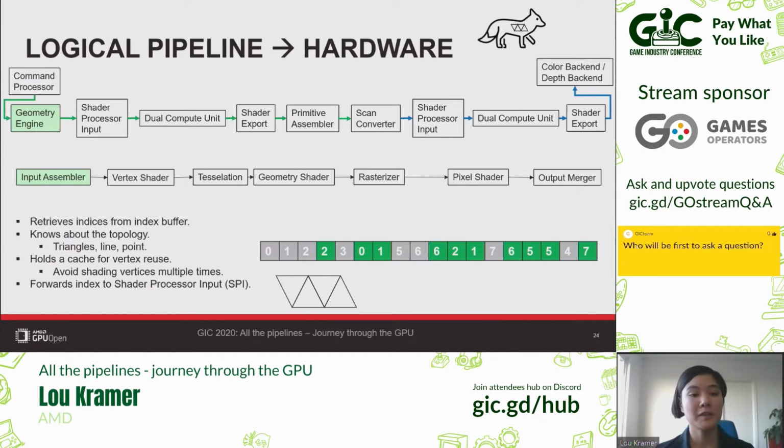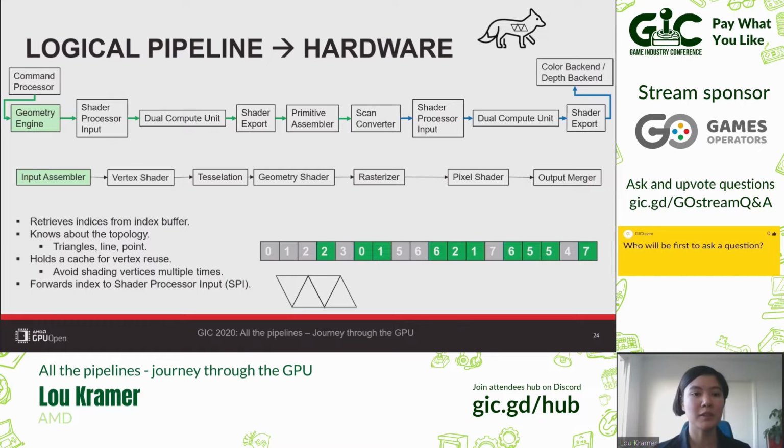And so the command processor we skip for now because this is just processing the commands. And then the first stage on the logical pipeline, the input assembler, can be directly mapped to the geometry engine on the hardware side, because this is the stage where the input gets processed, gets assembled, where it gets prepared for all the following work. Important here is to note that the geometry engine already does the first optimization step. Because if we have our vertices, as I said in the beginning, there are vertices that are shared by several triangles.